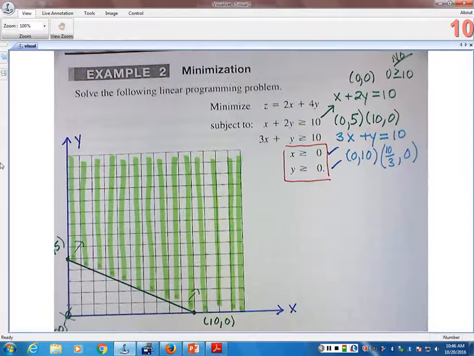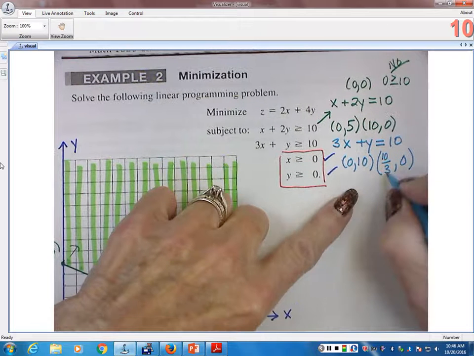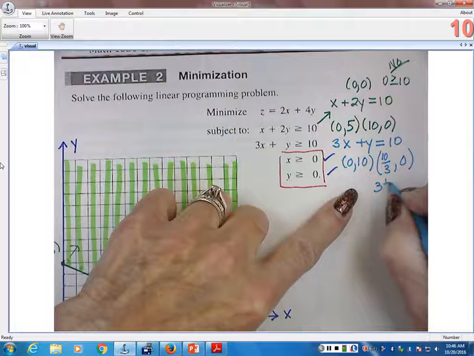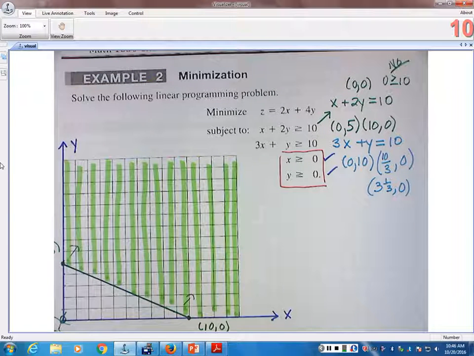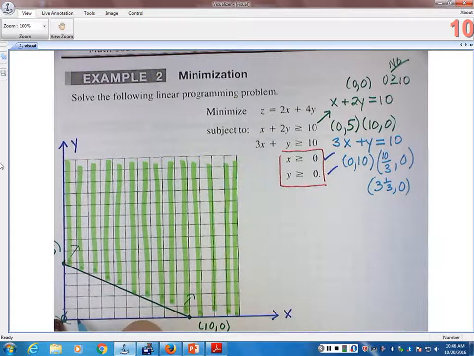And that's not necessarily a nice point, but we know that 10 over 3 is 3 and 1/3. So we can still get a fairly accurate place for that point. So 3 and 1/3 is 1, 2, 3, and not quite halfway. 10/3.